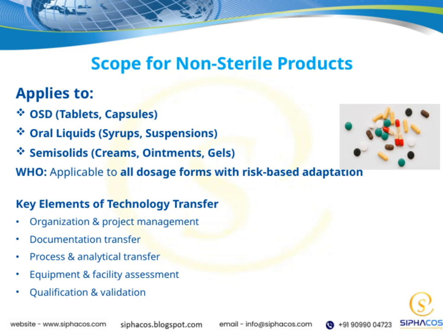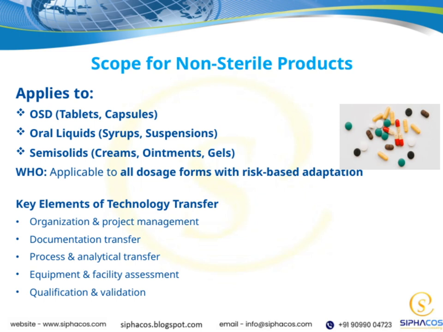Now, moving on to the key elements of technology transfer in this context. First, organization and project management are crucial to ensure everything runs smoothly and on schedule. Next, documentation transfer plays a vital role in maintaining consistency and compliance. Then, process and analytical transfer focus on ensuring that manufacturing and testing methods are effectively communicated and adopted at the new site.